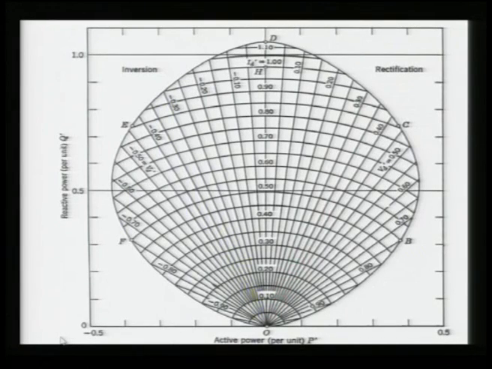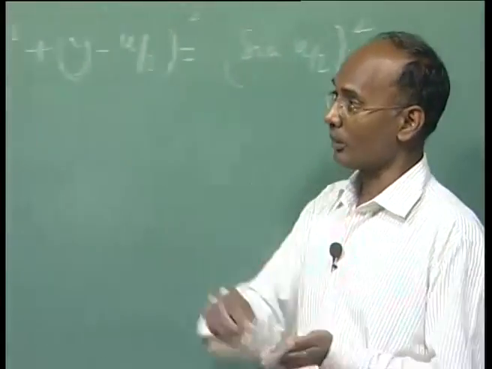Now if you go further, this is another curve for ID and other values. It is going to be very complex here. Slightly in this case, this axis is exact compared to the previous one.